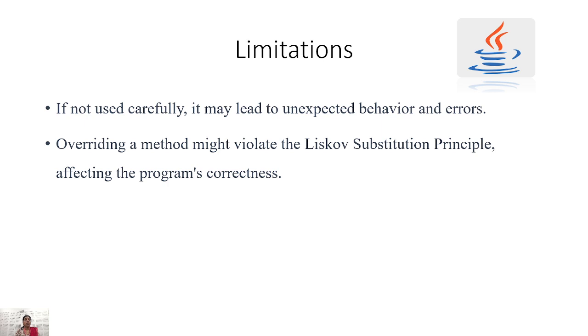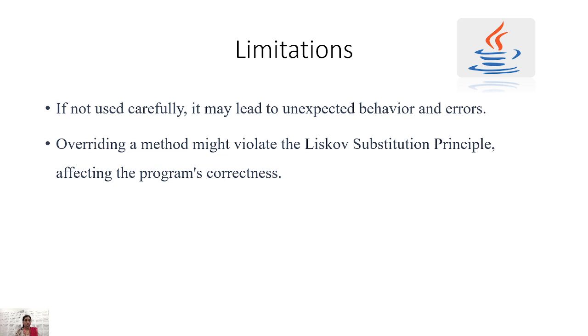Okay, so let's see some of the limitations. If not used carefully, it may lead to unexpected behavior and errors. You should take care of certain rules while doing method overriding, which we have already seen. So use that carefully.